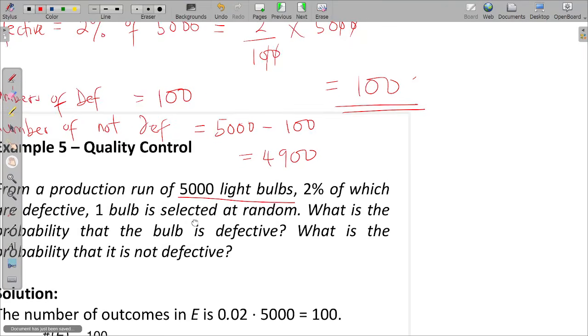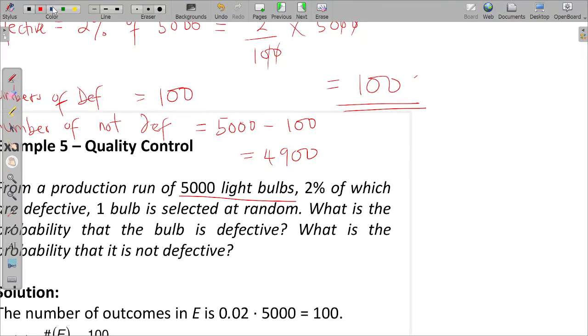If you now have to find the probability of defective, it is just the number of defective over the total, which is 100 over 5,000. So that is 1 over 50.